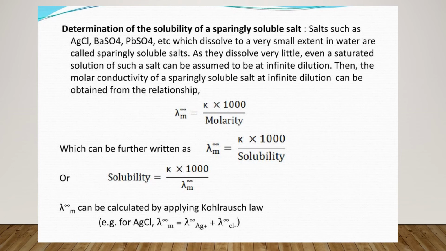So when we add a small quantity of this salt, it will be in infinite dilution, because the solubility is very, very less. So the molar conductance is equal to the specific conductance of the solution into 1000 divided by molarity. So molarity means the concentration of the salt. So concentration of the salt is actually the solubility.